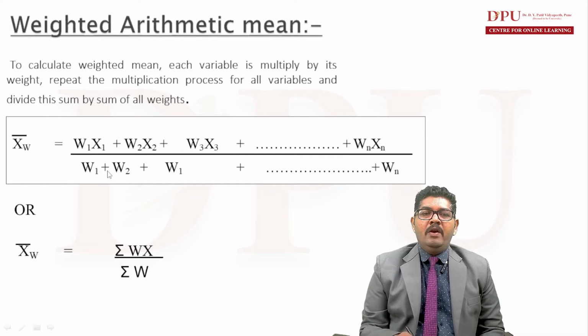This is divided by the summation of all the weights, that is w1, w2, w3 up to wn. So the weighted mean is equal to summation of wx divided by summation of w.